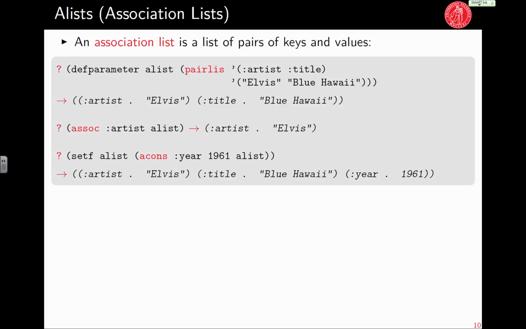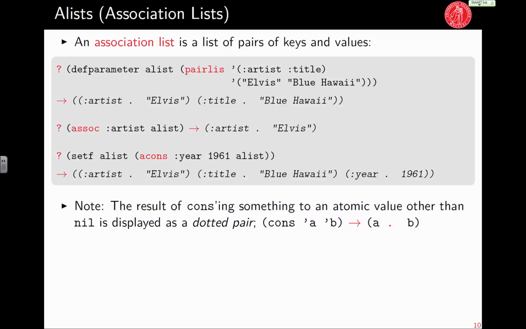So that's like gethash, only it actually returns the entire bucket, including the key, not just the value. There's a variant of cons, acons, that adds one key value pair to an existing alist. So I extend the alist with one more entry, and here it's extended.